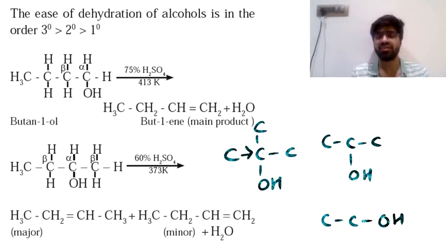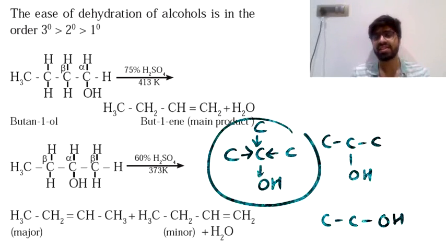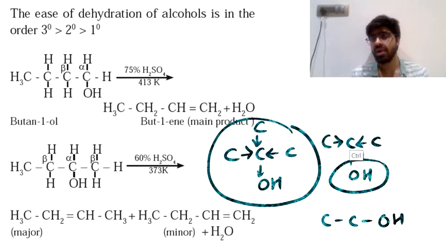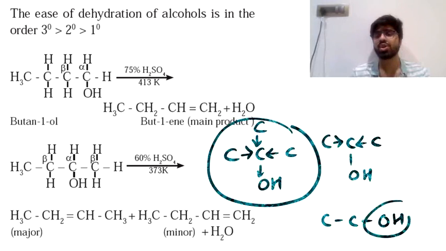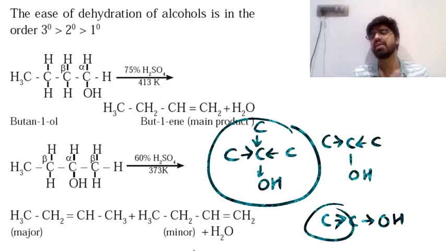Due to the inductive effect, the OH of a tertiary carbon atom is going to get maximum push. The OH of a secondary carbon atom is getting a push only from two alkyl groups, and the OH of a primary carbon atom is getting a push only from a single carbon atom.